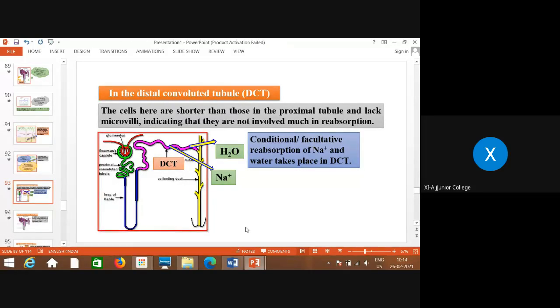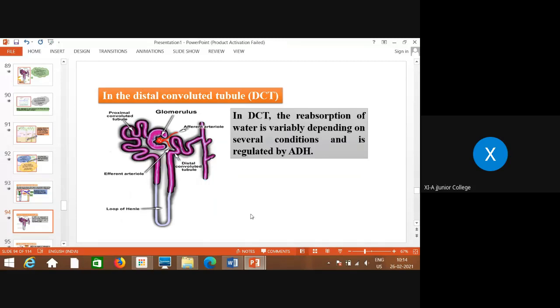Now, as I told you, ADH, the antidiuretic hormone secreted by the pituitary gland, plays a very important role, and it is conditional in the sense that if the urine becomes more dilute according to the nature or content of the urine, the reabsorption or secretion of water in the DCT region is controlled by the secretion of ADH.